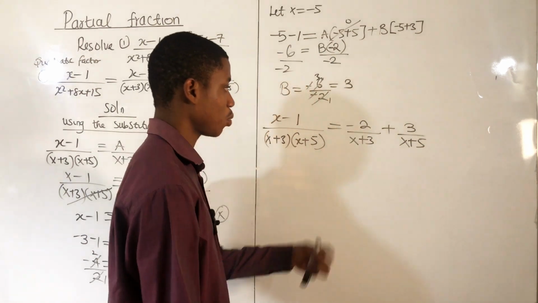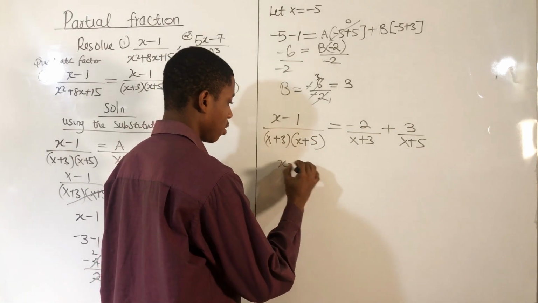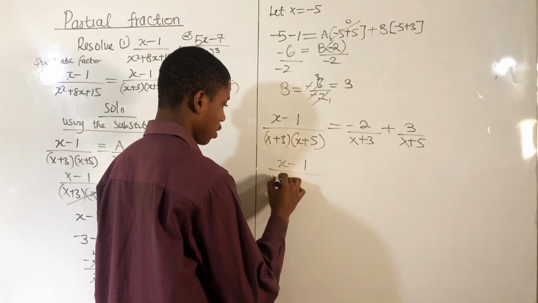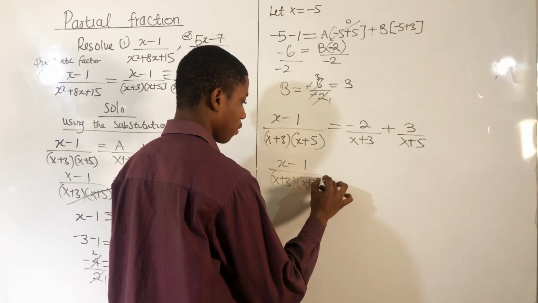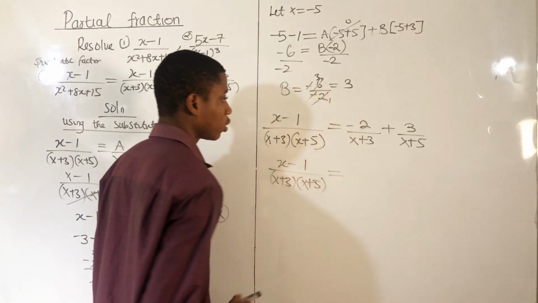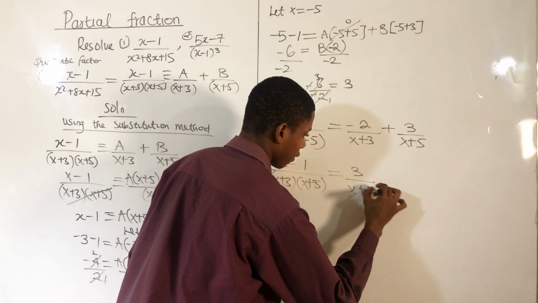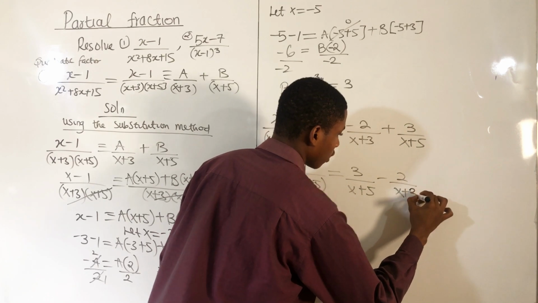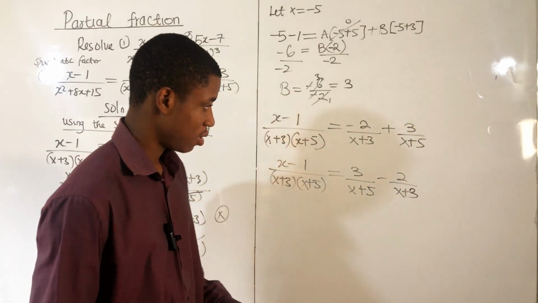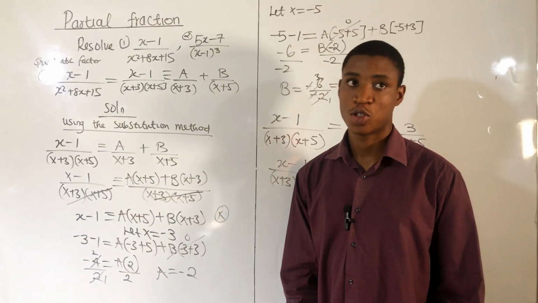Of course, in this case, positives will come before negatives. So we have x negative 1 over x plus 3 x plus 5 is equal to 3 over x plus 5 negative 2 over x plus 3. So therefore, this is the way we solve using the method of substitution.